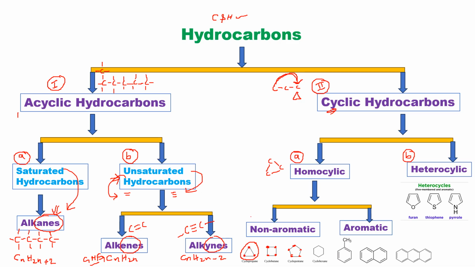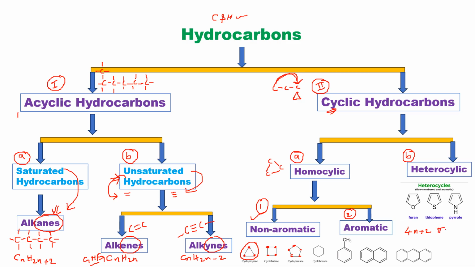These are non-aromatic. Why are they non-aromatic? Homocyclic is classified into number one, non-aromatic, and the other, aromatic. What do you mean by non-aromatic? It does not contain delocalized pi electrons and does not obey Huckel's rule. What do you mean by Huckel's rule? 4n plus 2 pi electrons.